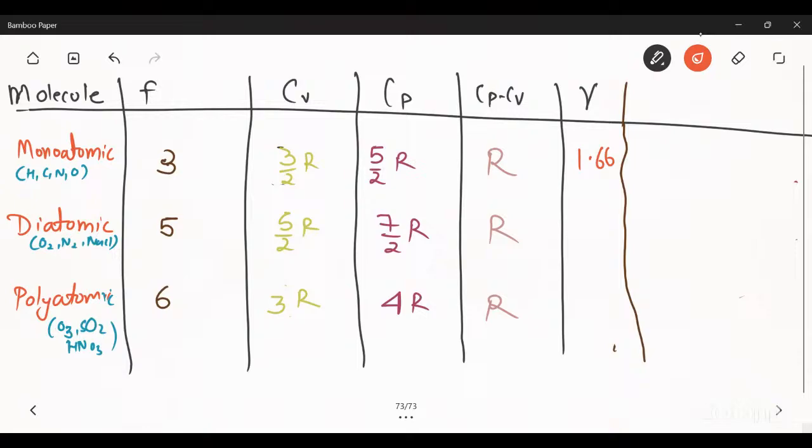The value of gamma for diatomic is 1 plus 2 by 5, means 7 by 5, which is equal to 1.4.